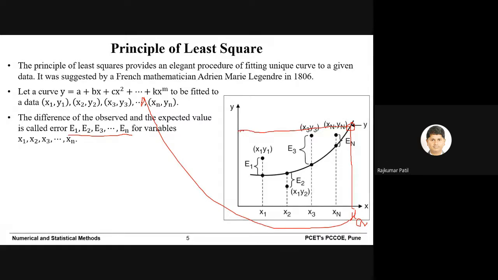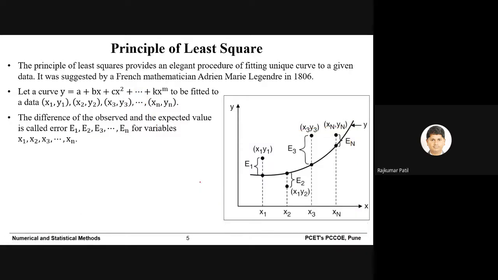But in actual practice, that point may be either here or here somewhere, right? But if our curve is best fit, then whatever error will be there, that will be minimum. And this is our objective, so that we can predict the new or unknown value with a greater accuracy.